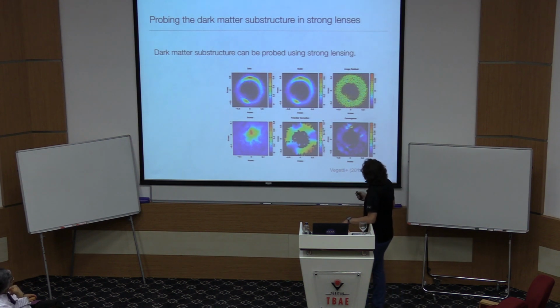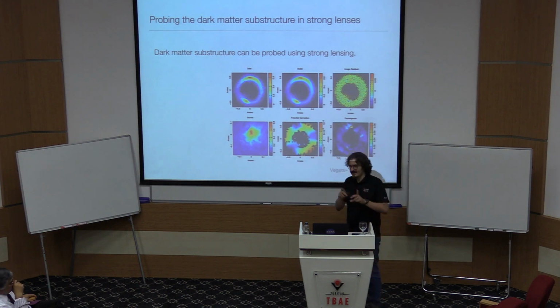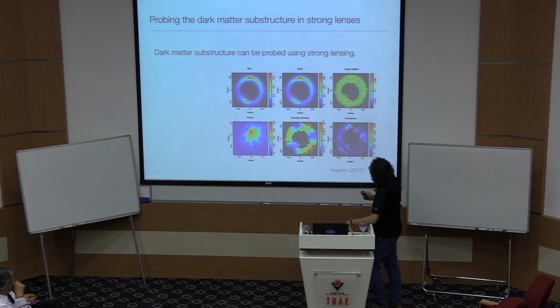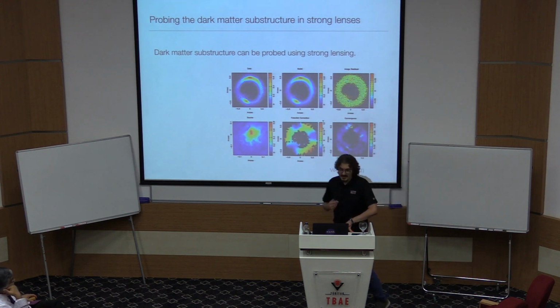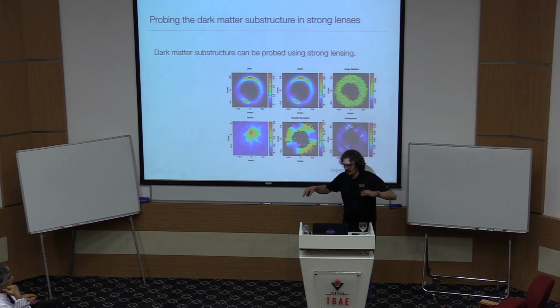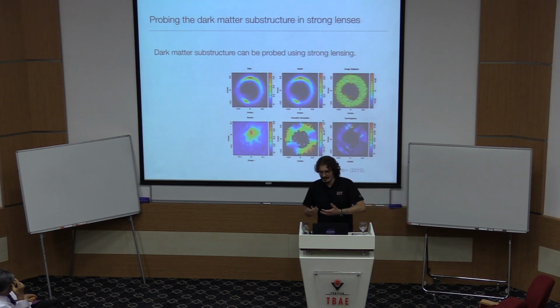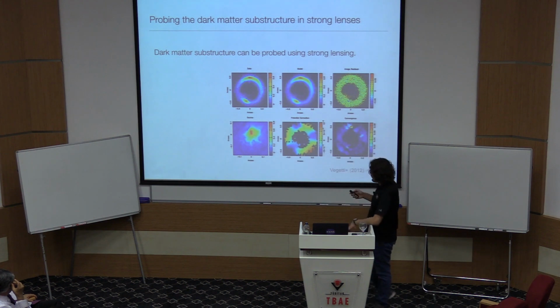They study galaxy-type strong lenses, and by modeling them, they can try to infer the existence of substructure in addition to the smooth halo in the foreground. Don't get me wrong, there is a smooth halo in the foreground mass distribution. What we are interested in is substructure that sits on top of that, additional structure beyond the smooth halo.